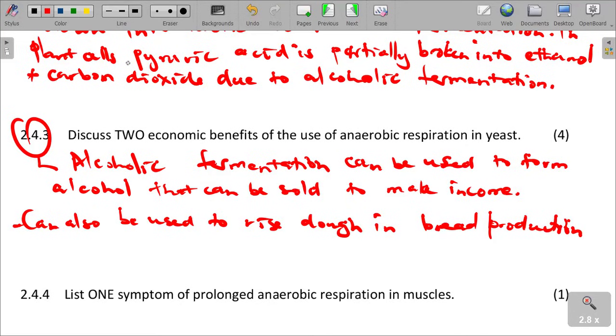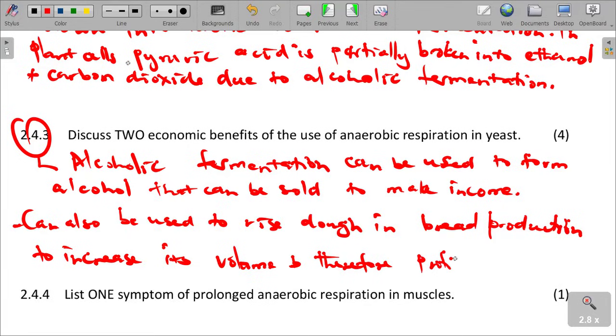When bread is being made, we can use this yeast in raising dough in order to make bigger bread production, to increase its volume, and therefore profit can also be increased.